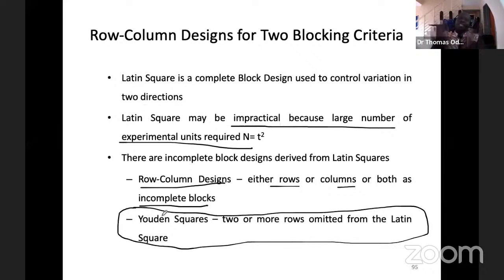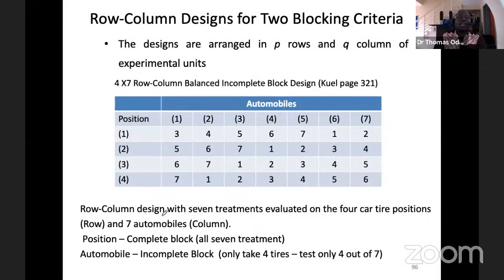But these days we saw how R can help us to actually design. Let me show you an example of a row-column design and an application where it can come in. This one is based on cars. Most normal small cars have four wheels. So if you're testing tires with a treatment that involves the tires, each car can only have 4 wheels.